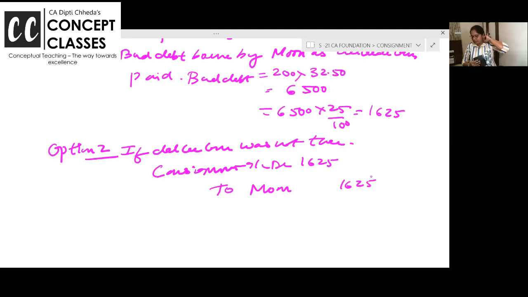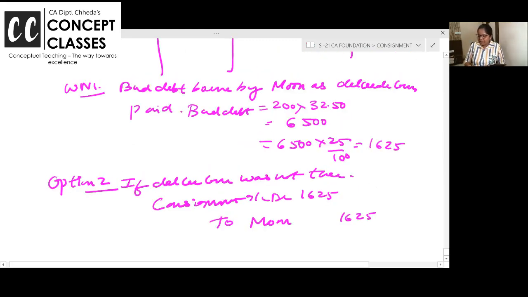Consignment account debit to Moon account 1625. This is only if they ask, just extra we are doing.